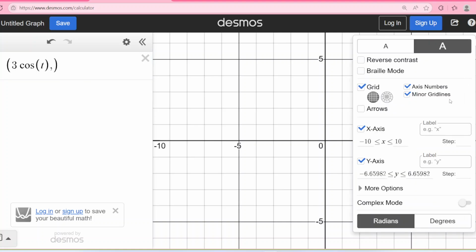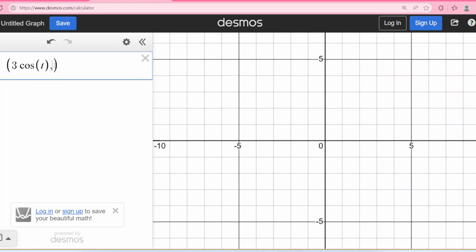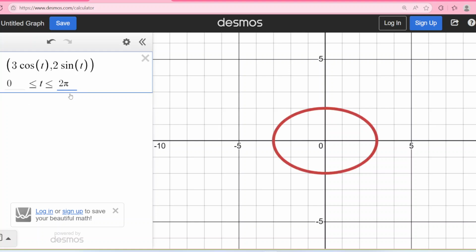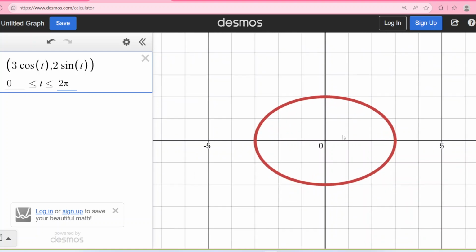Right over here in settings, you hit the little wrench-looking thing and you see radians and degrees down here. Right now I'm in radians. And then the y coordinate, y of t, was 2 times sine of t. And the value of t ranged from 0 to 2 pi, but you can just type 2 and then pi. And you see that ellipse that just showed up.